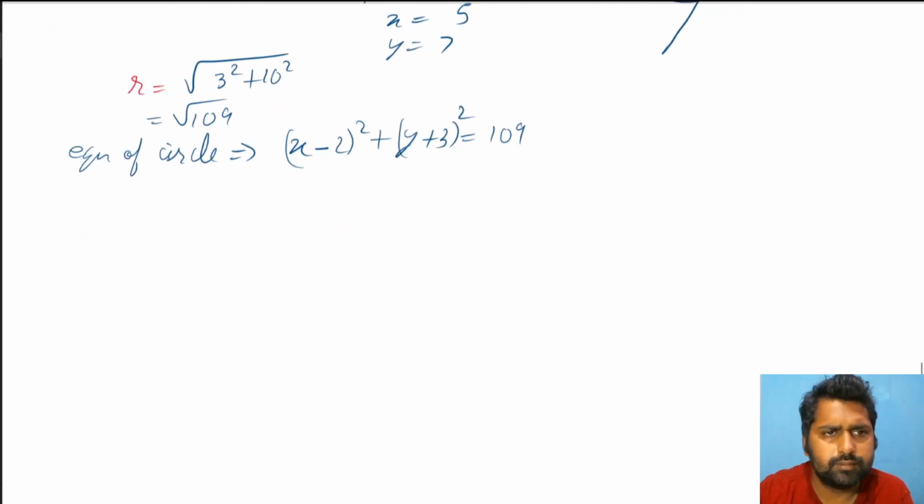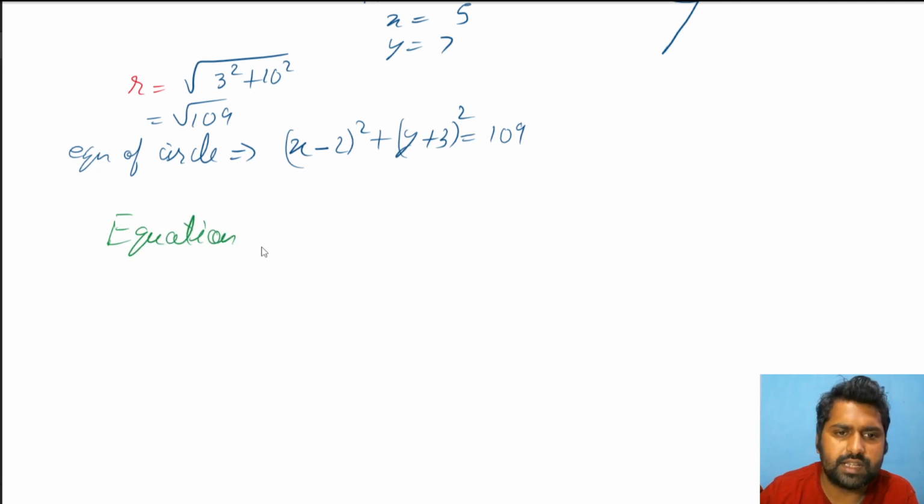Now, if you actually open this kind of equation, you get x square, y square, some factor of x, some factor of y, some constant. Okay, so another way to represent an equation of circle is, again we are talking about equation of circle, but this time in the expanded form.